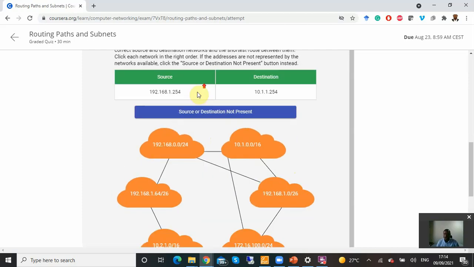These are all network space addresses, which means when you are sending a message from your home computer, you have a source address.